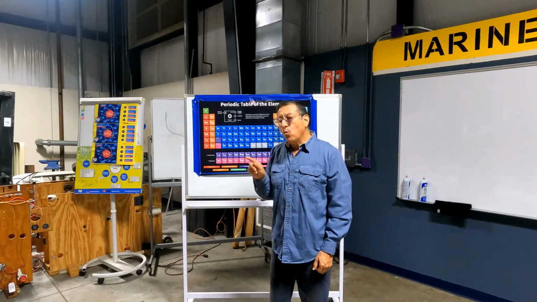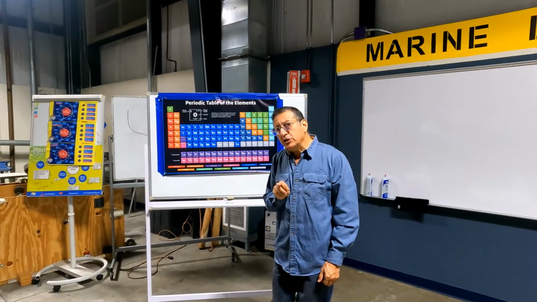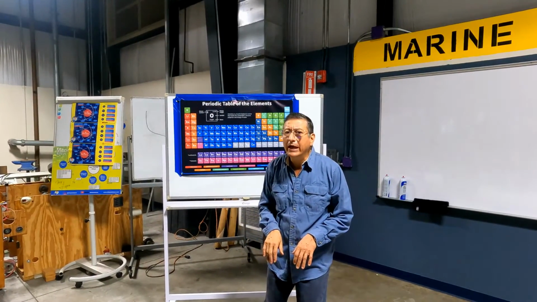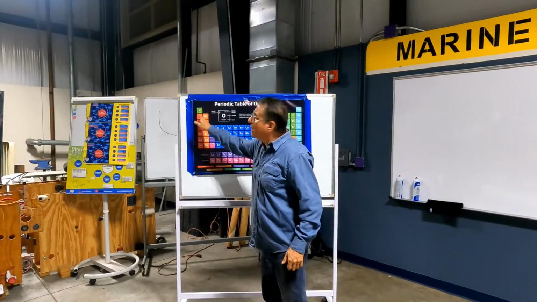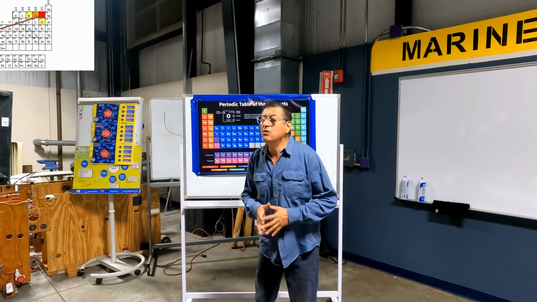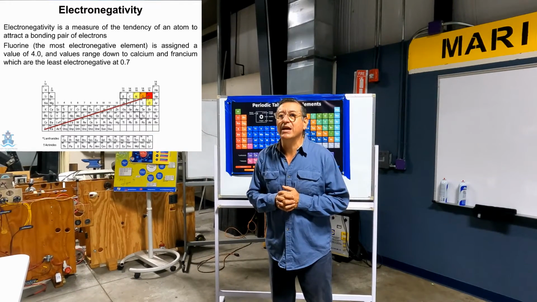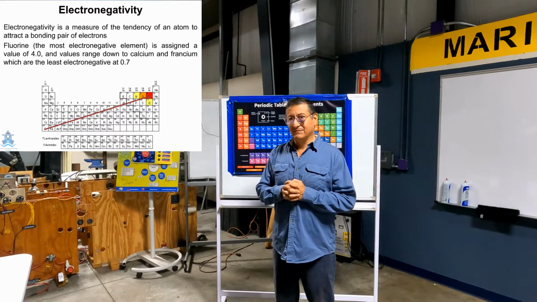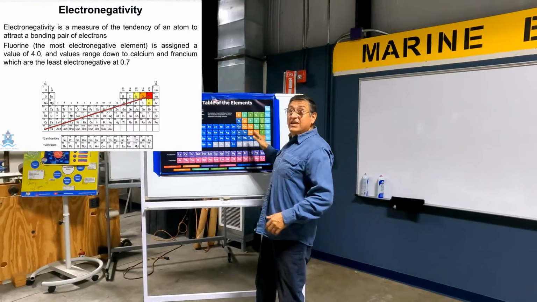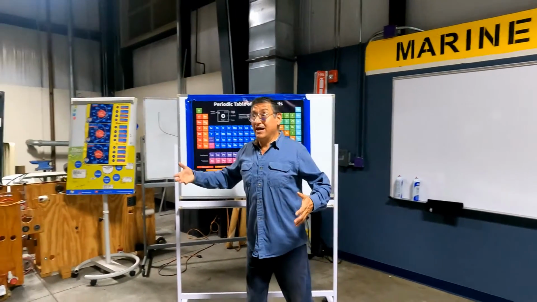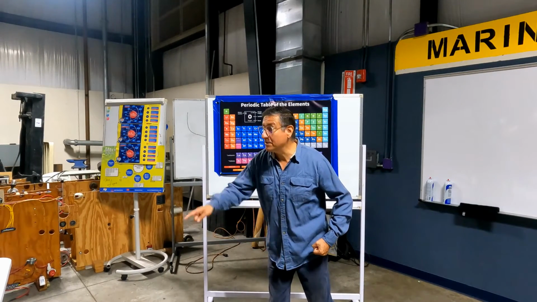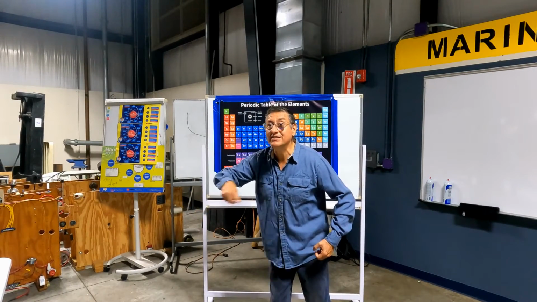The elements with 1 or 2 electrons in the last orbit have low energy. The name of that energy is electronegativity. The elements with 6, 7 electrons in the last orbit have more energy to administrate those 6 kids outside.